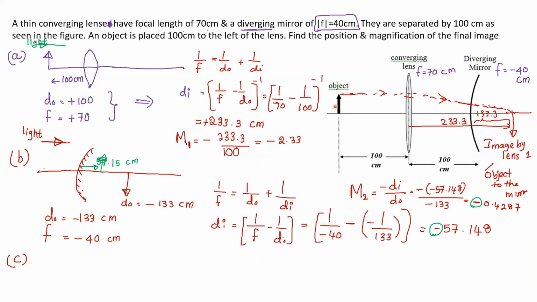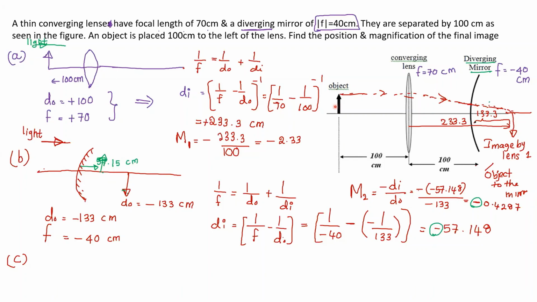So this is not the end of this problem. Why? Because this thing is a mirror, not a lens. If it was a lens, light will go and leave the lens and go that way, keep on going. But when it's a mirror, what will happen? What does a mirror do?